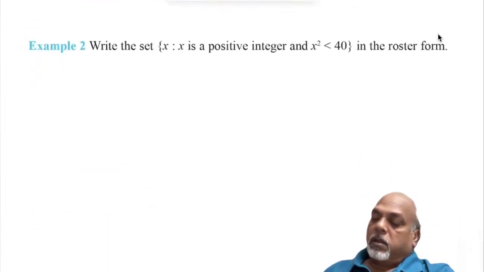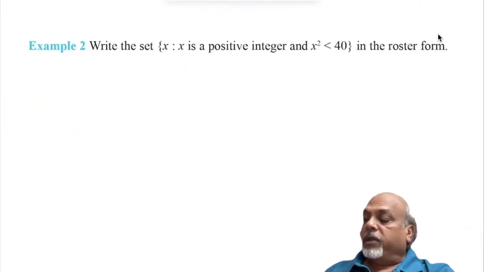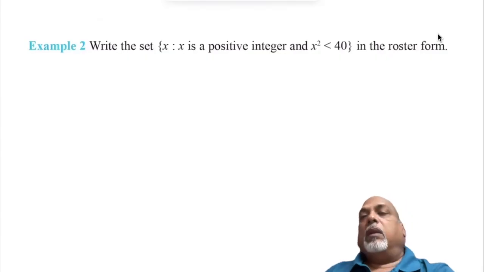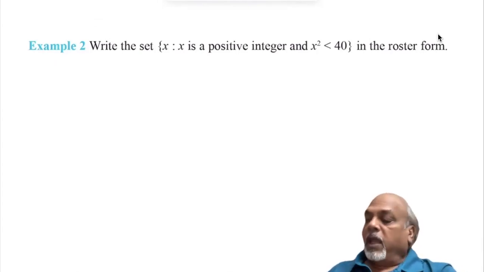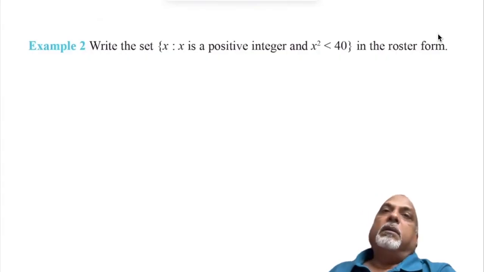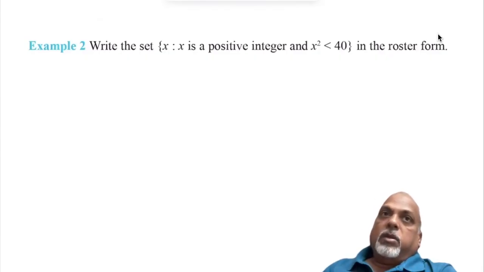Write the set of x such that x is a positive integer and x square is less than 40 in the roster form. Correct? So we have to write such numbers whose square is less than 40.